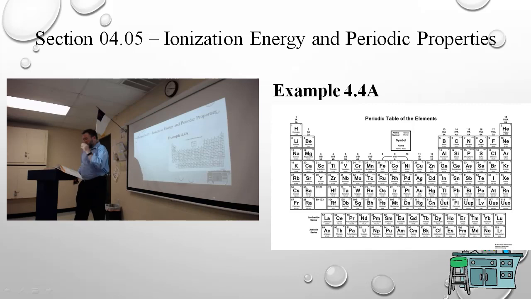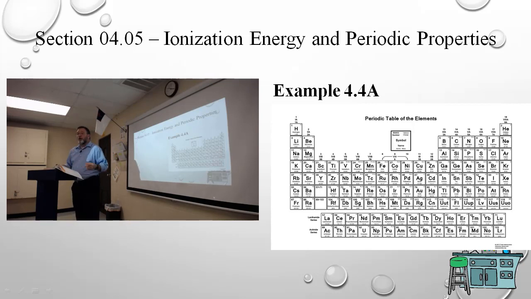So example 4.4 in your book. This is over on page 147. It says that a chemist needs to find an element that readily gives up an electron. What does that mean, readily gives up an electron? Gives it up easily, right. So if it's giving up the electron easily, what's its ionization energy?